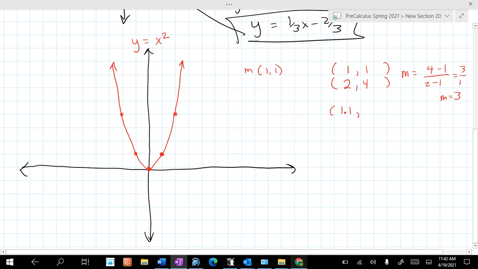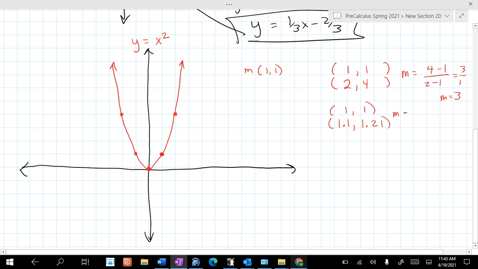Okay? So let's say I want to find the slope between 1, 1, and then 1.1 and whatever 1.1 squared is. What's 1.1 squared? 1.21.